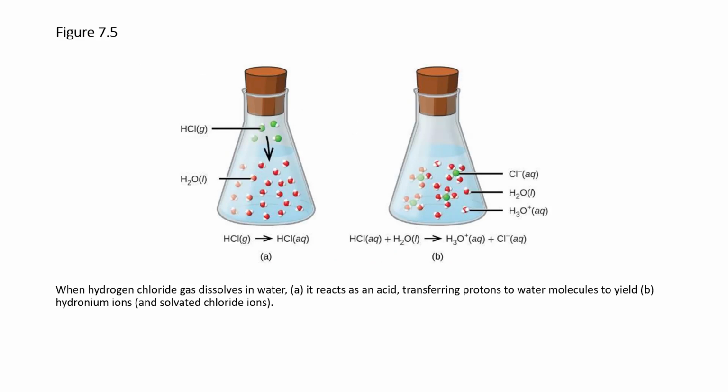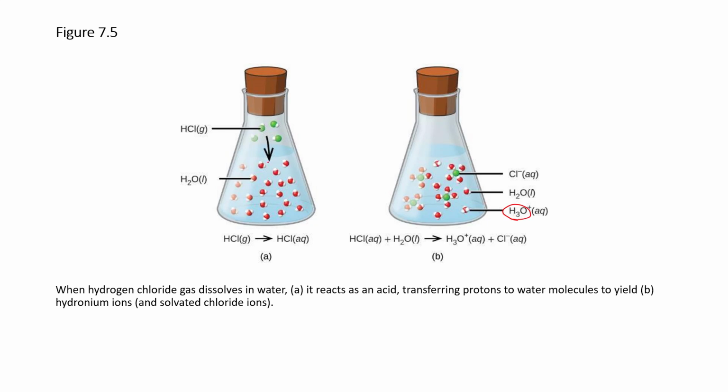So what actually happens in solution is when HCl is added to the water, the hydrogen ions dissociate and then combine with water molecules. When those hydrogen ions float in solution, they combine with the water to produce H3O.